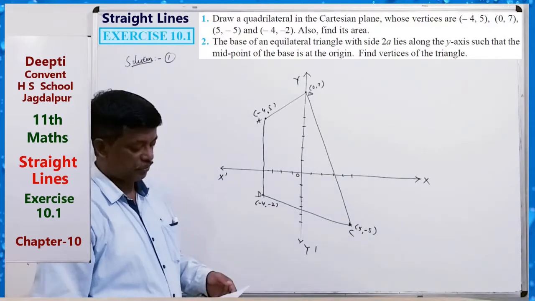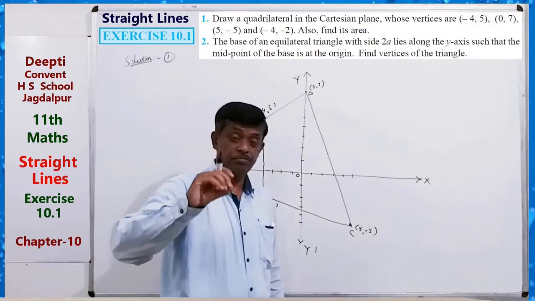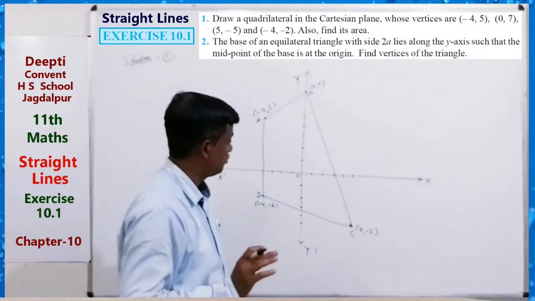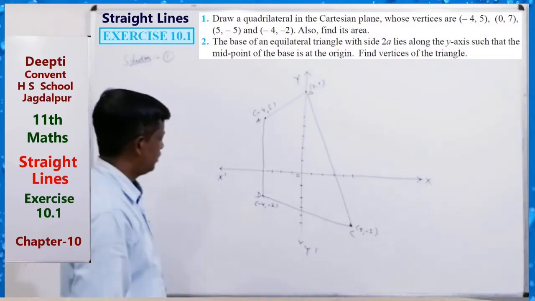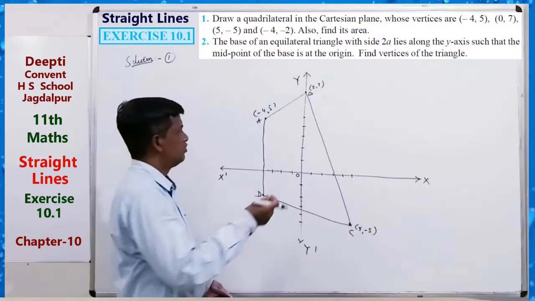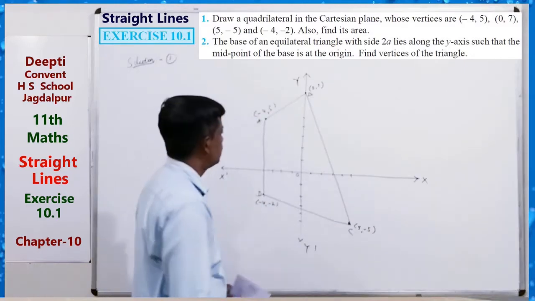Now we have to find its area. We know the formula for the area of a triangle. In any quadrilateral you can join opposite vertices.